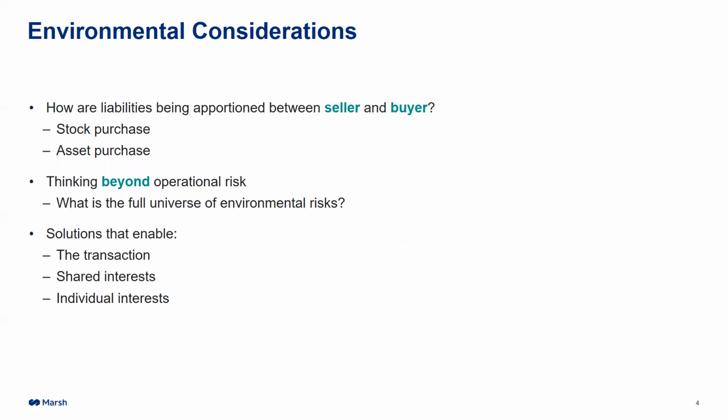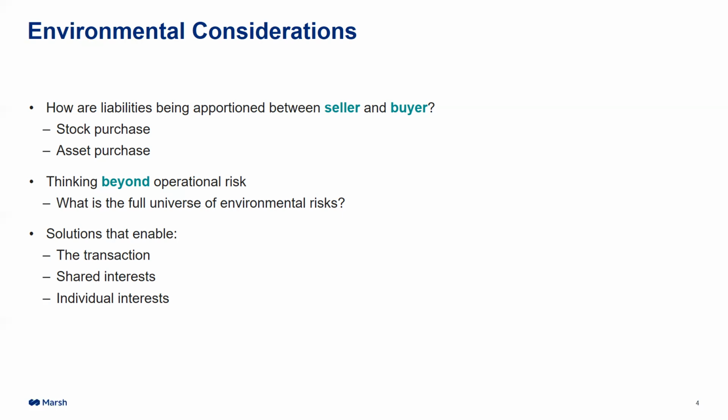So how do we do this? From a very basic perspective, understanding the contractual structure of the deal. Is this a stock purchase where you're acquiring a business, the entity, the liabilities associated with that acquisition? Or is it an asset purchase where maybe it's more focused around the assets and operations going forward?